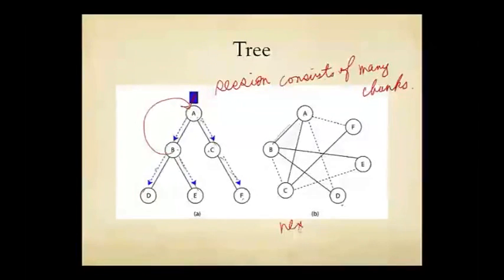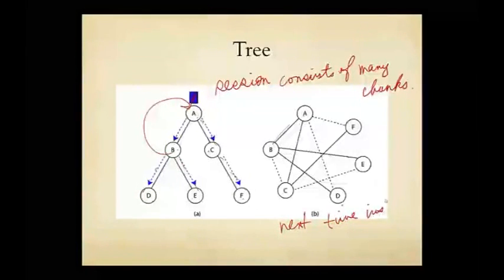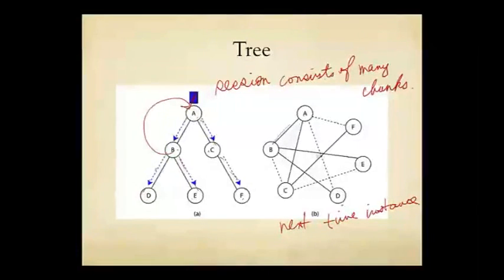And then the next time instant, we may see a different kind of connectivity pattern. So if you're looking at the lifetime of a particular chunk, it traverses a tree, but if you look at the overall, it's more like a mesh rather than a tree.